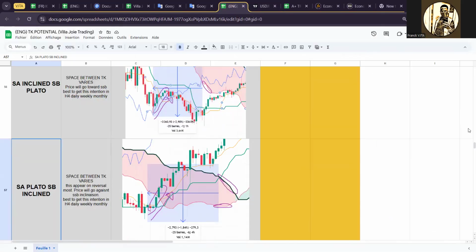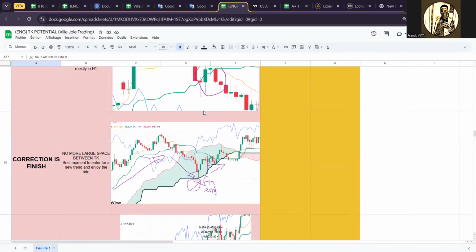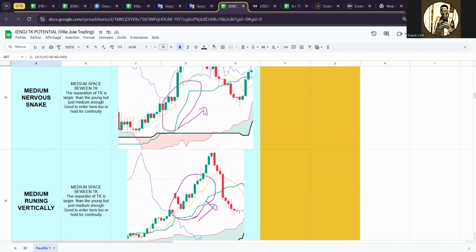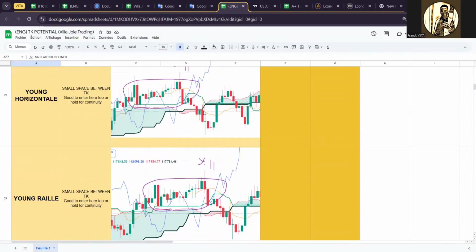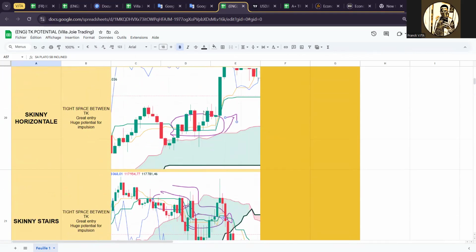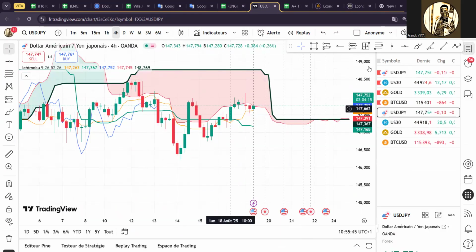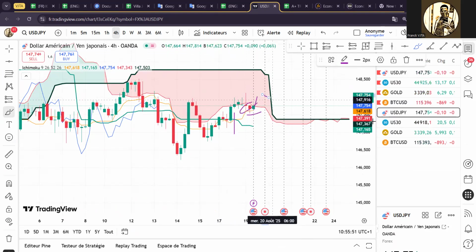When you go up and you start looking at medium horizontal, you have a fresh separation, right? Skinny. Because we had first separation, then this one separated, then we can buy this, right?